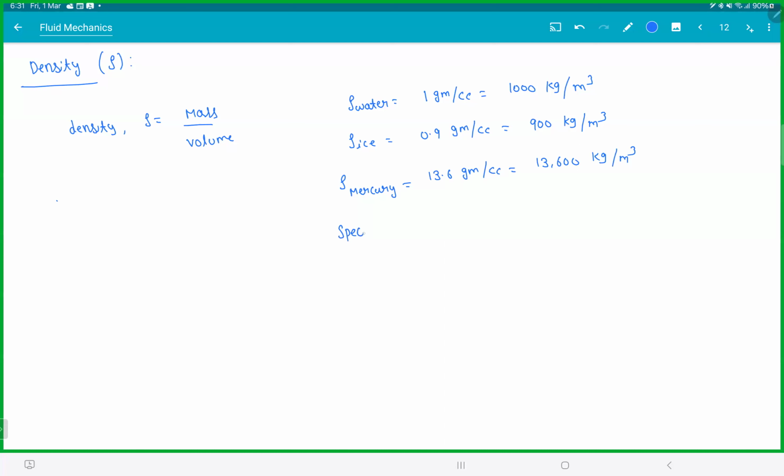Sometimes they'll give you specific gravity. This is nothing but the relative density of the material with respect to water.